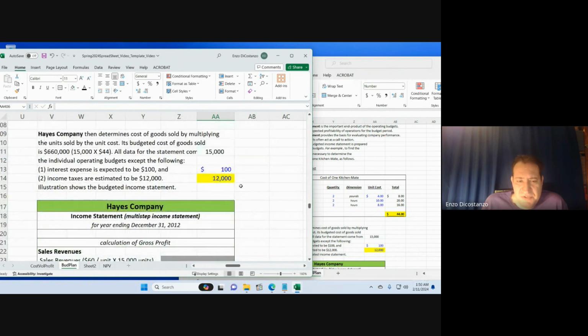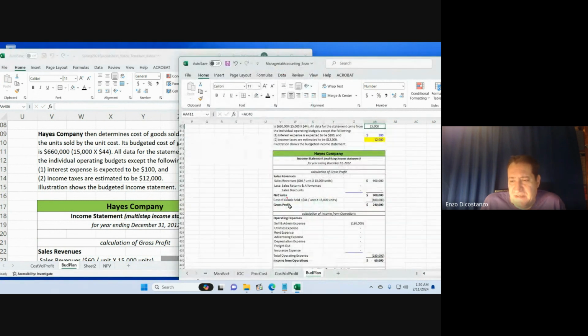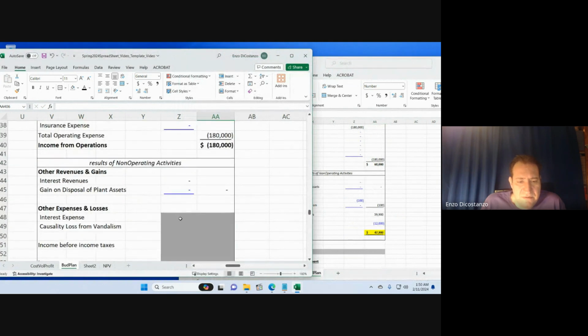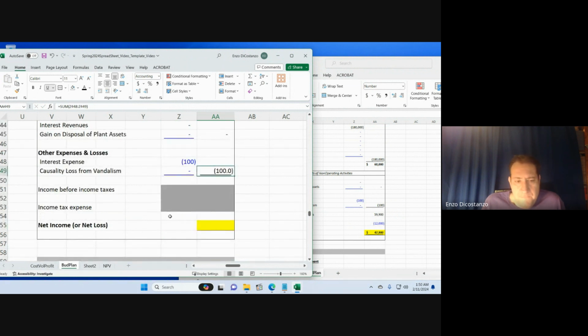And the last thing we're doing here, since we already wrote down income taxes and interest expenses, the interest expense is going to be here, negative 100. This is 0. All right, those are the numbers there. Underline that. Income taxes are 12,000.